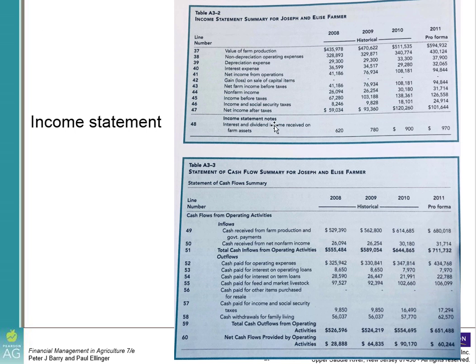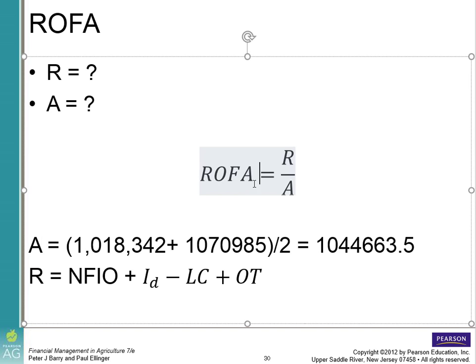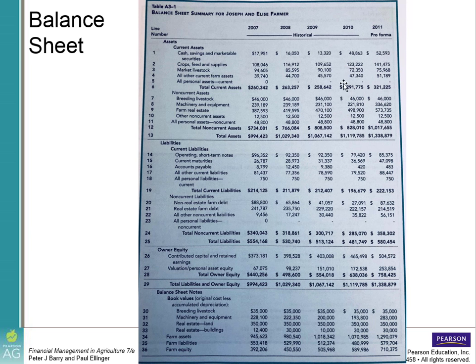If I take you to your income statement, you can clearly see the income statement summary for Joseph and Elise. Now remember, this ROFA that we're calculating is for 2010. And if you recall, we took the average of 2009 and 2010.